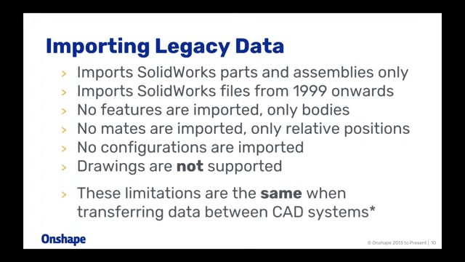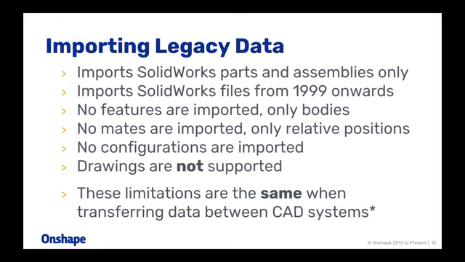Okay, now, as mentioned, these limitations are the same when transferring data between any CAD system. So it's not something which is peculiar to Onshape. So if you were going to move from SolidWorks to, I don't know, CATIA, which is crazy because it's from the same company, they use completely different kernels, completely different data structures, so there's no compatibility.